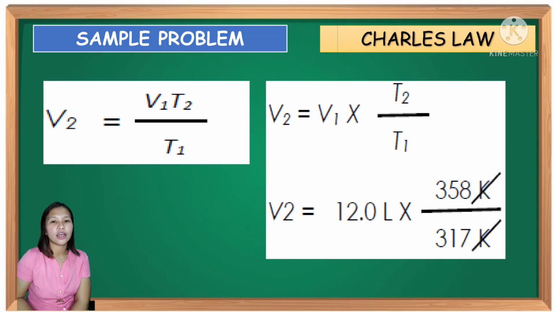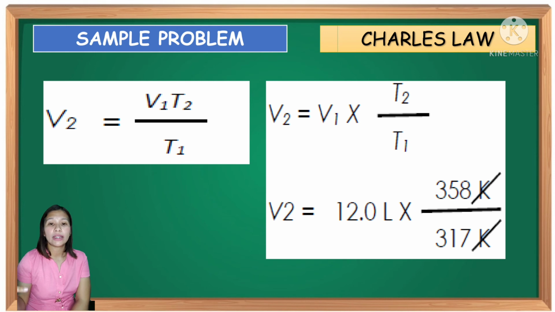Using the formula that we derived from Charles's Law, we have V sub 2 is equal to V sub 1 times T sub 2 over T sub 1.